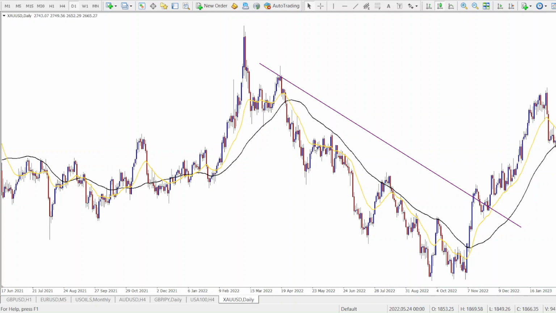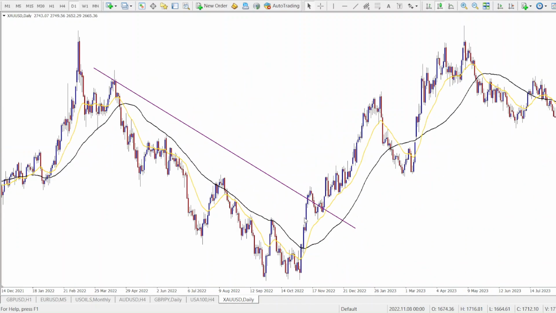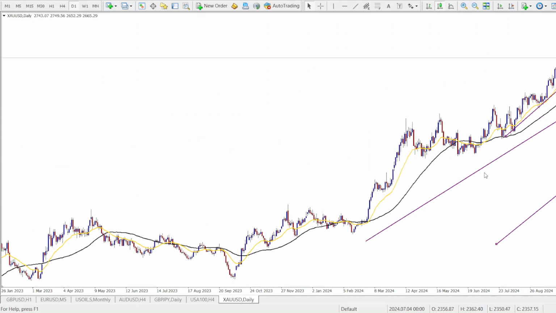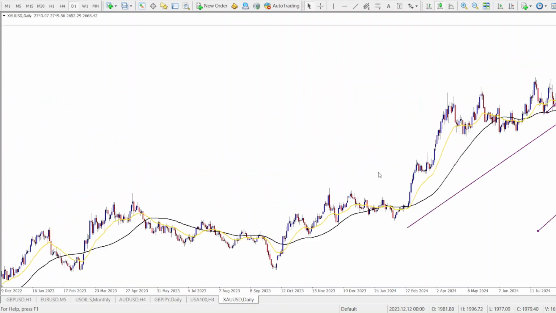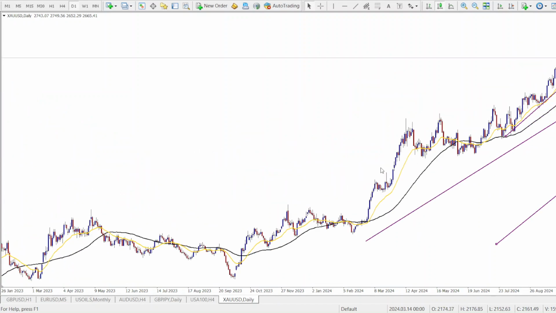In other words, they are serving as a ceiling where price gets to and reverses. That is in a sell trend. But in a buy trend, the moving averages serve as a floor where price gets to and gets rejected and goes back up.